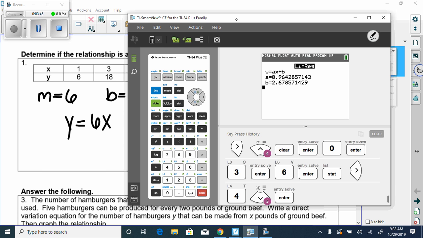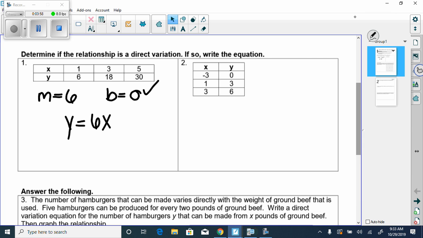Again, the A is what our slope is, so that tells us the M or the K in this type of equation, right? We're looking for direct variation, and this is our B. So, if I was to copy that down, I could round, so like approximately 0.964, right?